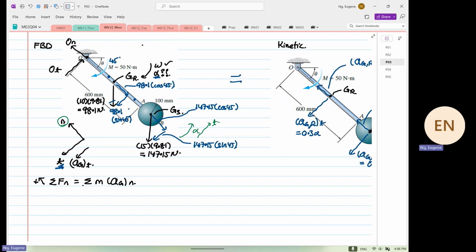So from here, we know that we have ON, ON is positive. And from here, we have minus 98.1 cos 45, and then we have a minus 147.15 cos 45.